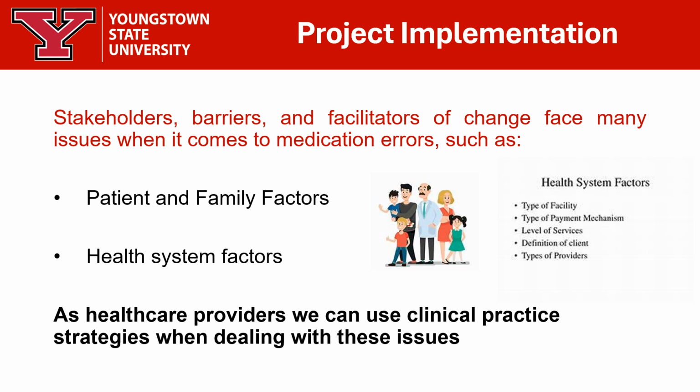Some examples of health system factors are type of facility, type of payment, level of services, definition of client, and also the types of providers. As healthcare providers, we can use clinical practice strategies when dealing with any and all of these issues mentioned.